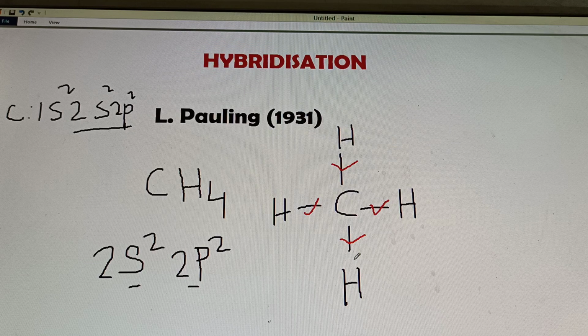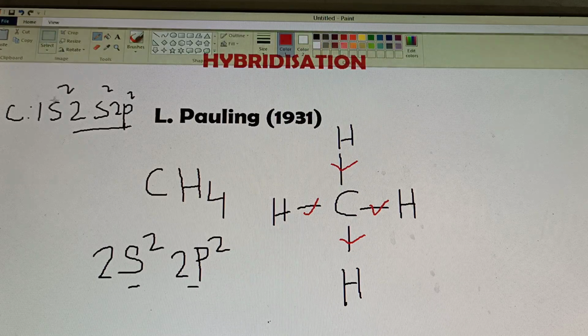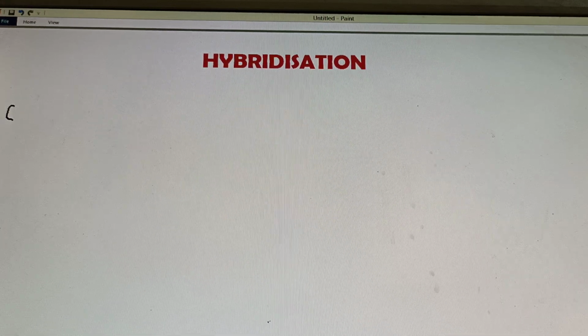So in 1931, this idea came from chemist L. Pauling to explain the equivalency of the 4 bonds of methane.